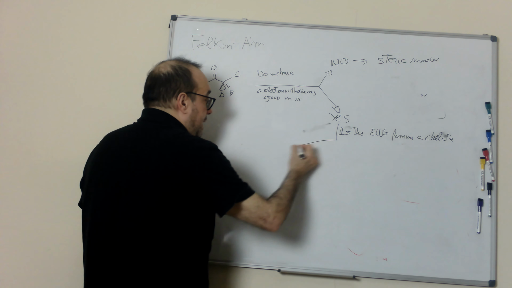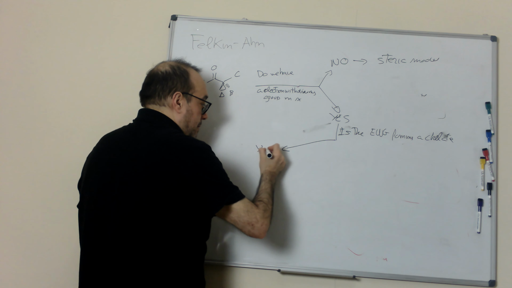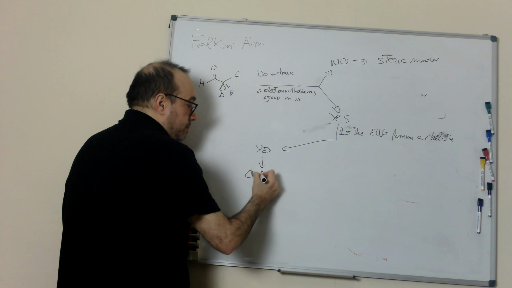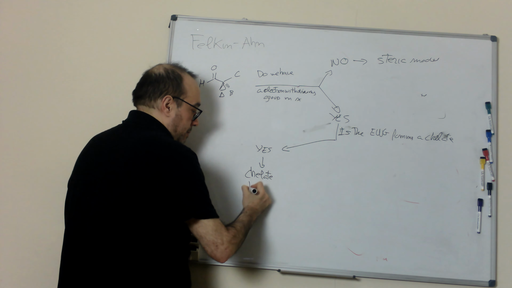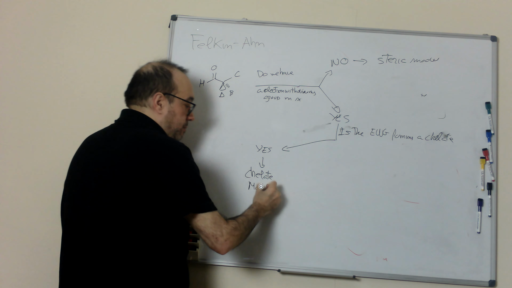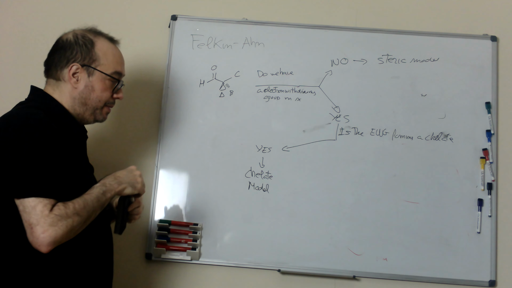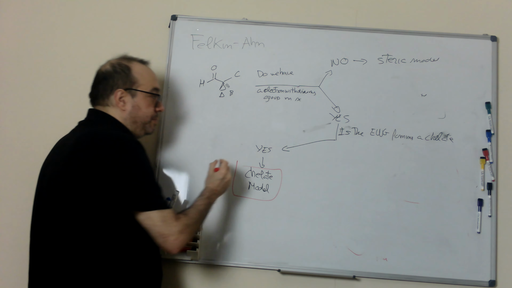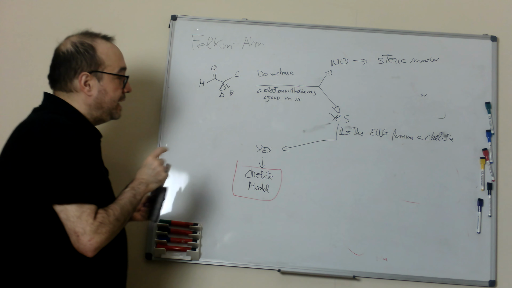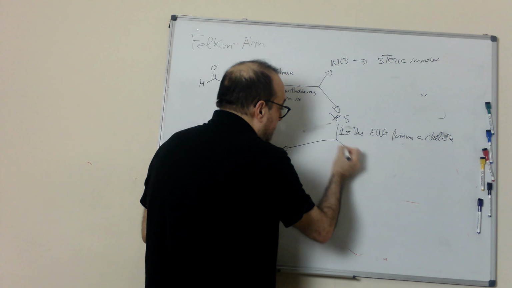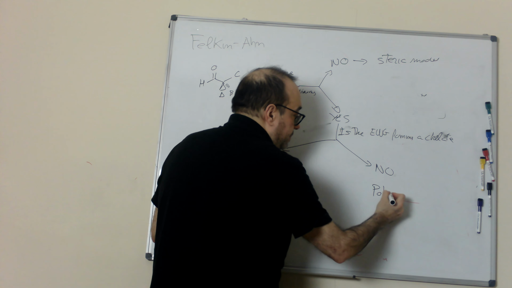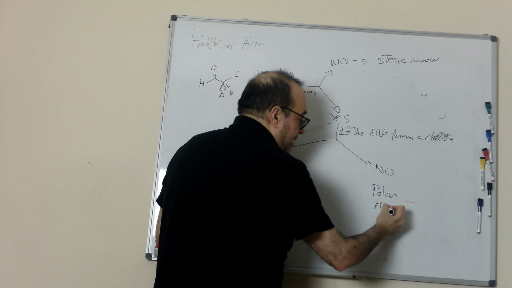If the answer is yes, what we are using is the chelate model. We coordinate a metal, we form a 5-member ring, and we analyze which trajectory is better. If the answer is no, we use the polar model, the last one that I explained.